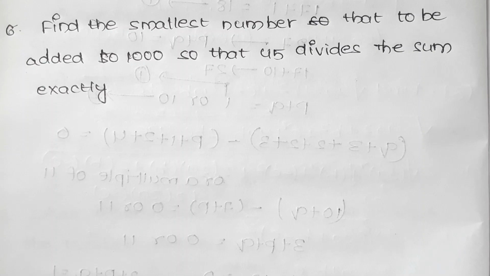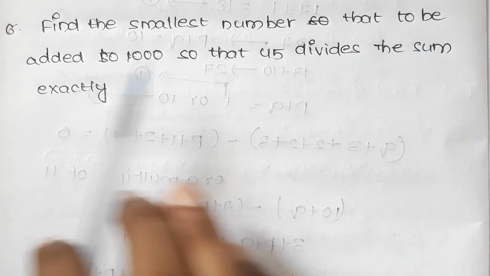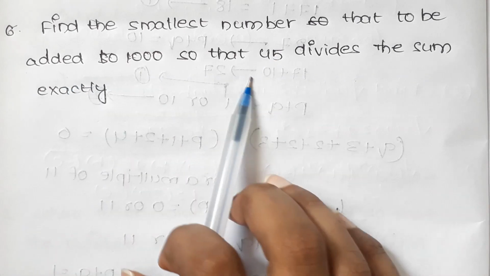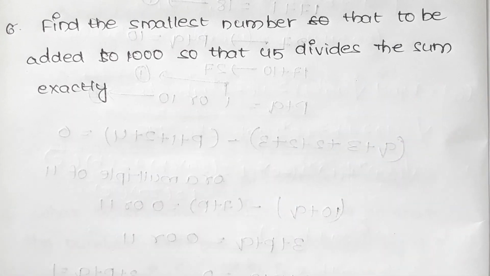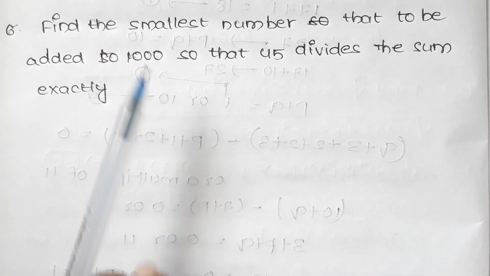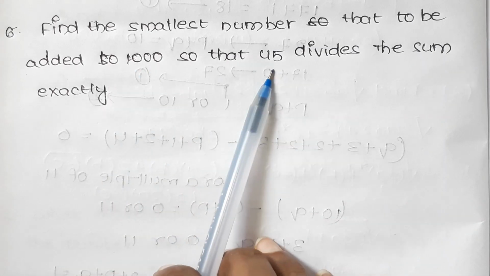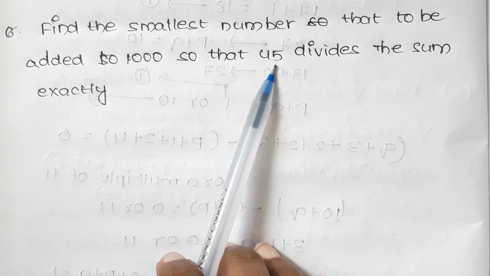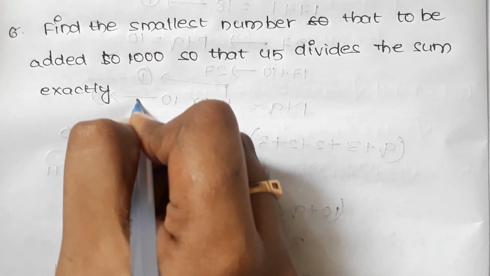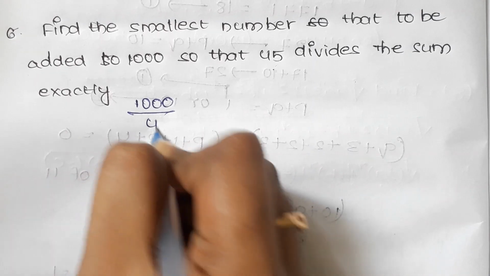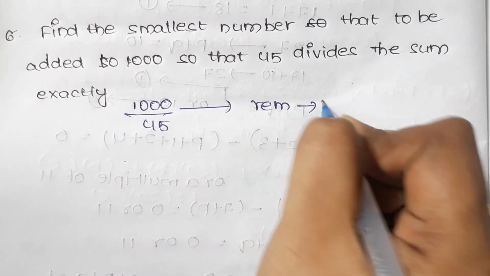Here we have to find the smallest number to be added to 1000, so that 45 divides that sum exactly. Here we have the number 1000, so the number should be divided exactly by 45. What is the number to be added? Now let us do the division, that is 1000 by 45. After doing this we will get remainder 10.